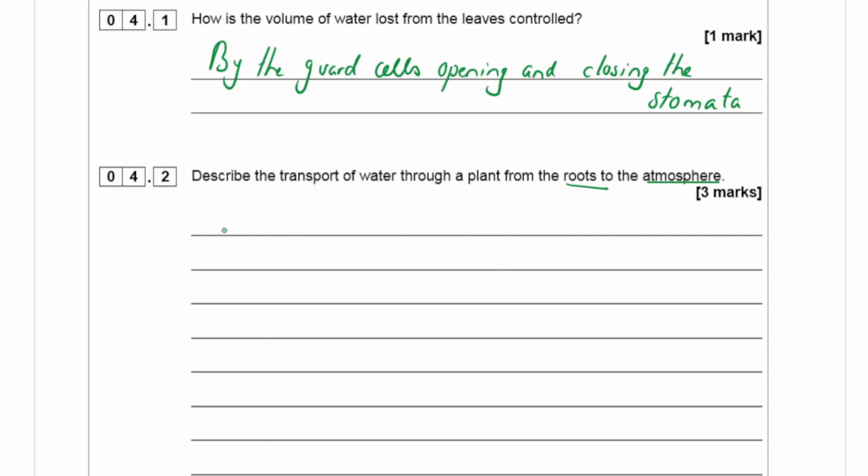But the marking scheme is not actually focusing on the root hair cells, so we can start off by saying water is transported in the xylem vessels.